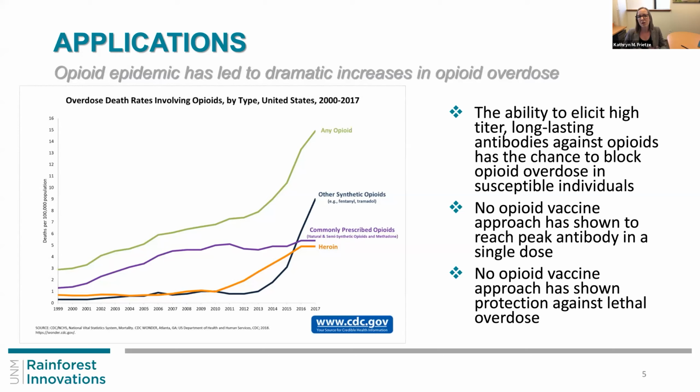And so our idea with our vaccine is that if we can, in fact, elicit really high titer, long-lasting antibodies against opioids, then we might actually have a chance to block opioid overdose in susceptible people. That's important because no opioid vaccine so far has been shown to actually protect against lethal overdose, and we think our vaccine has a chance to do that.